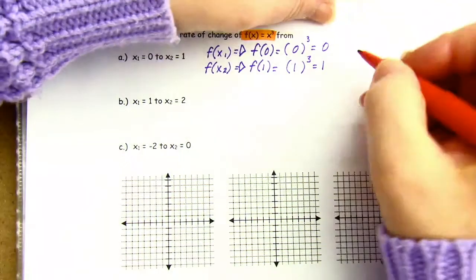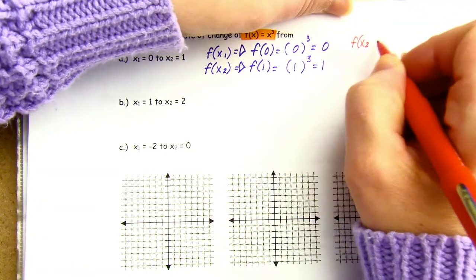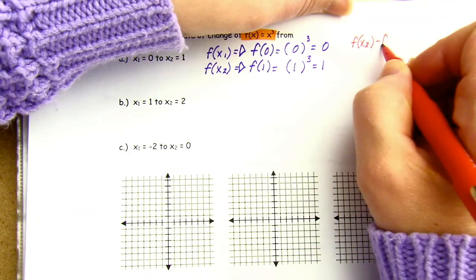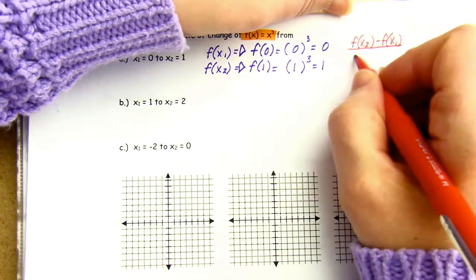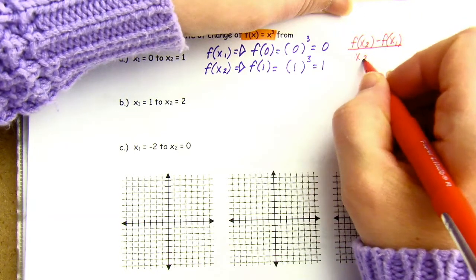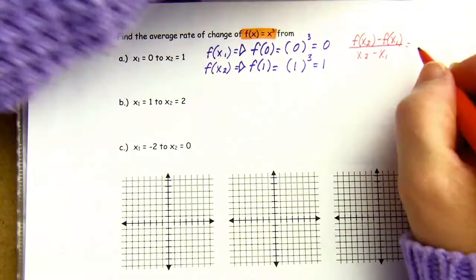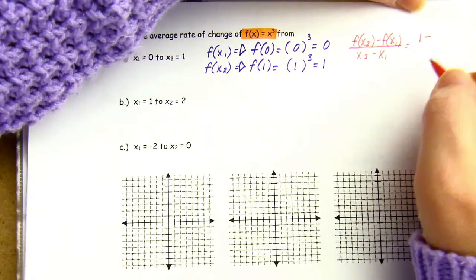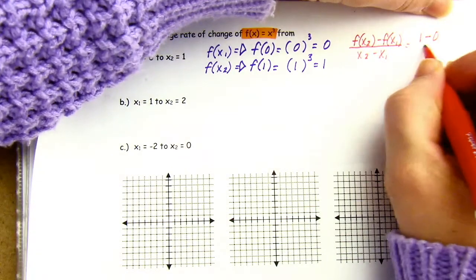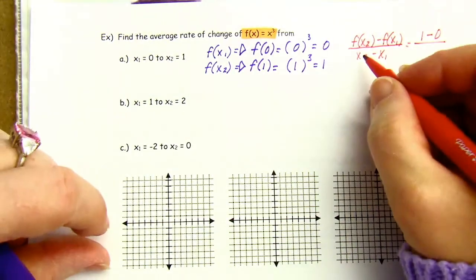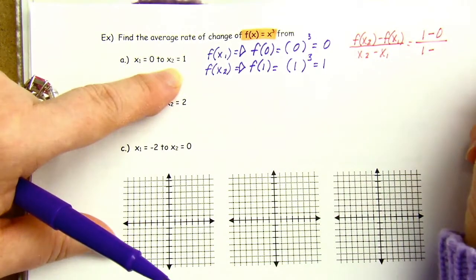All right. My slope formula is really y2 minus y1, written in function notation, over x2 subtract x1. f of x sub 2 is 1, subtract f of x sub 1 is 0. x sub 2 is 1, x sub 1 is 0.